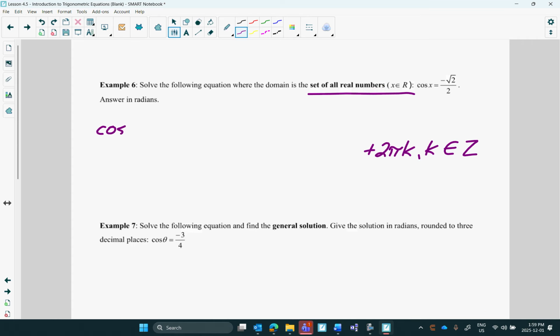Cos x equals negative root 2 over 2. Notice we're not using theta this time, we're using x. Are we dealing with a unit circle value? Yep. So what angles have the x coordinate negative root 2 over 2?